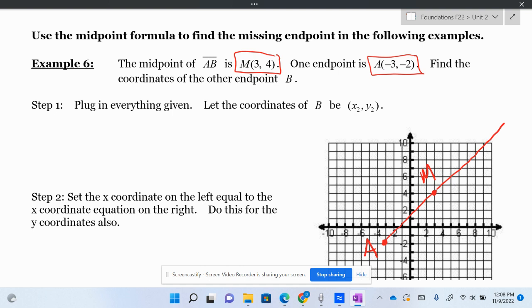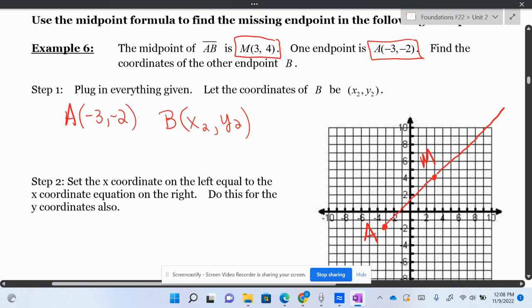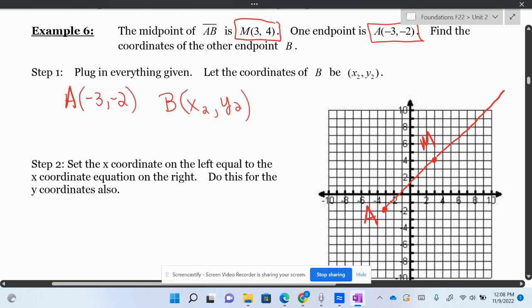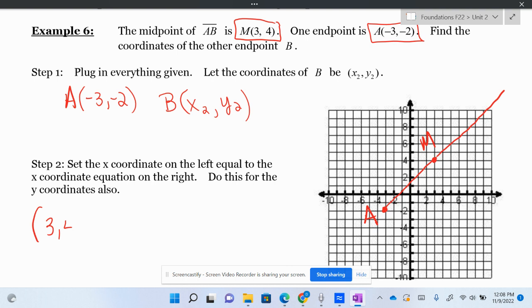So here's how we do this. We know that A is the ordered pair (-3, -2). And we're going to call B (X2, Y2). All right. We're going to set up like we're trying to find the midpoint, but we know what the midpoint is. We know that the midpoint is (3, 4).